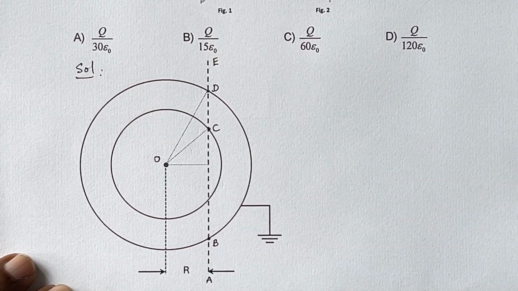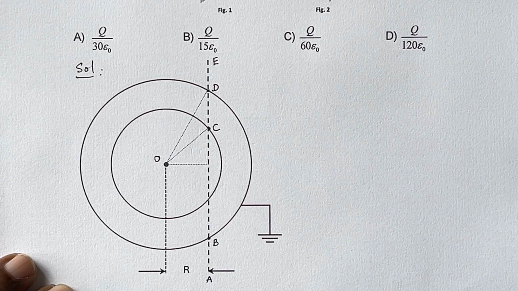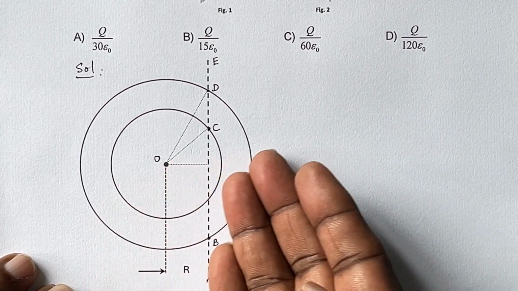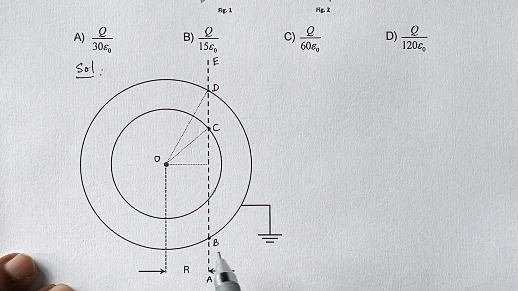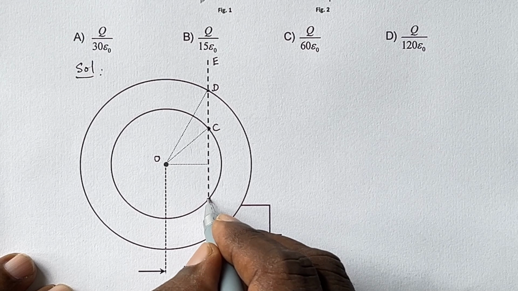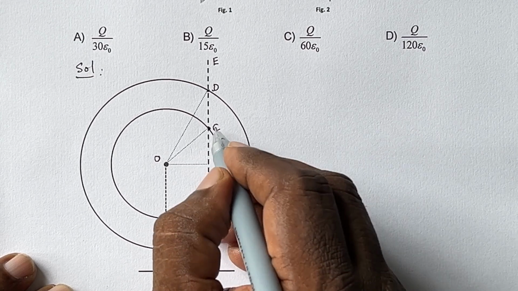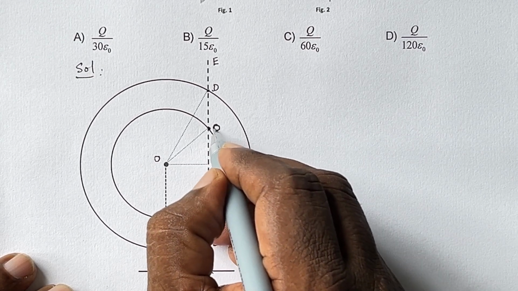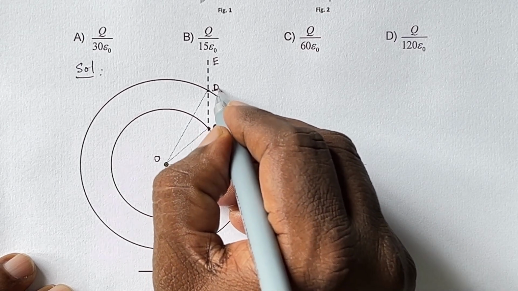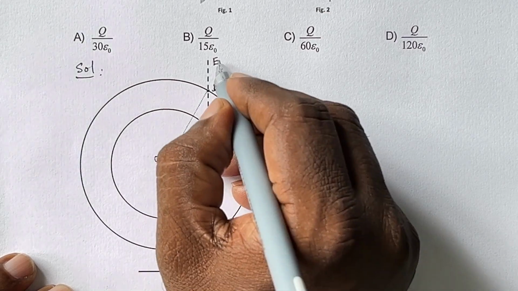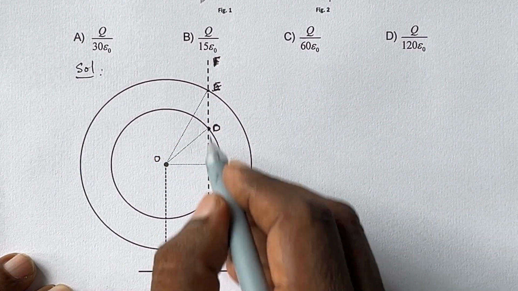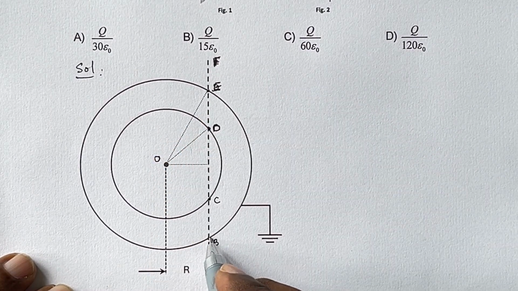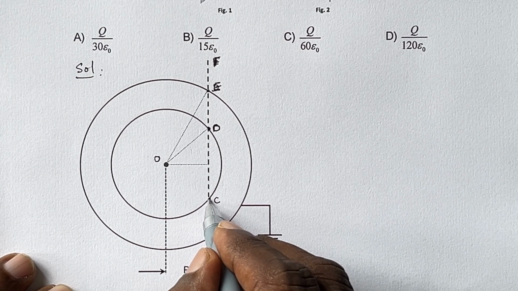About this plane, we have to calculate the flux of the electric field. How much electric flux is coming through this plane? Sorry, I missed here, this is C, this is actually D, this is E, and this is F, wherever the plane is touching the cylinder surfaces.